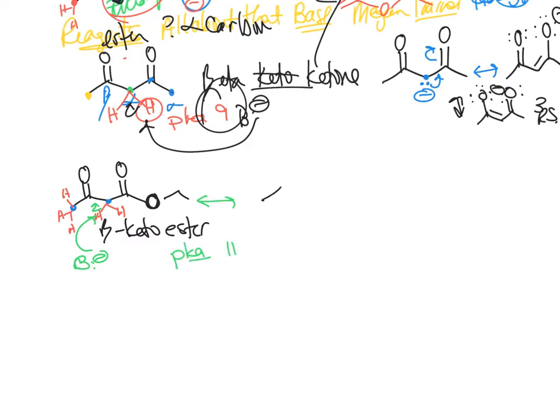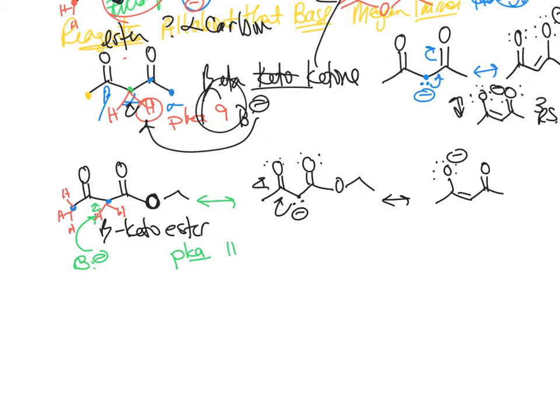So let me just draw. See how I just redraw this? This is your easiest bet. Put your monkey face right there. And if I have to draw the resonance structures, this is how you do it. I'm sure you're going to have to do that in your POGIL for this week. And then you could draw it the other way. So you do get 3 resonance structures on these.